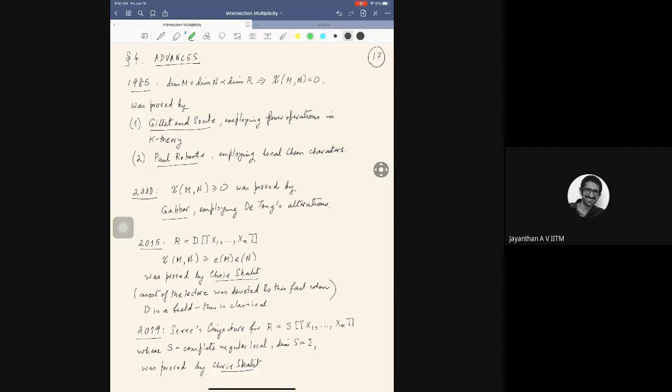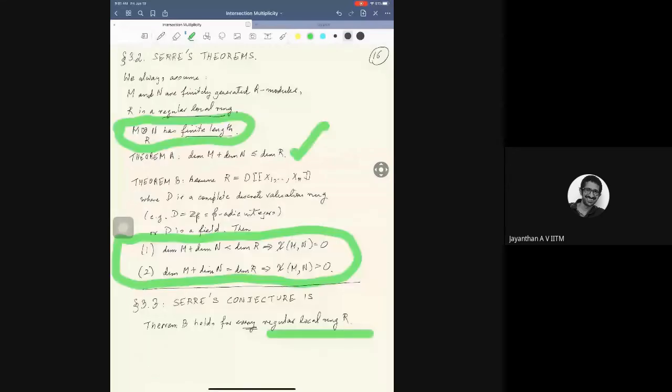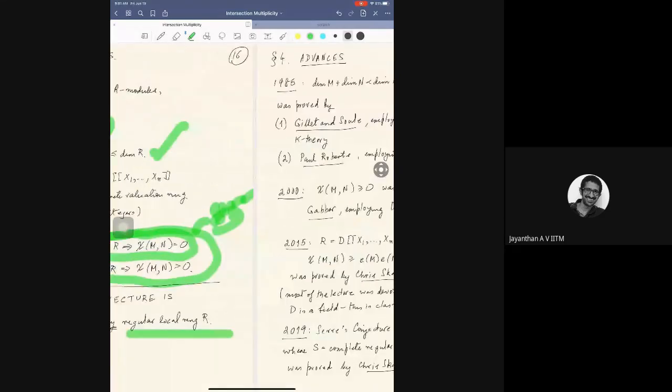The first advance was in 85, simultaneously, I think, by Gillet and Soulé, who proved the first part, that is this part here. This is the part that was proved in 85, by Gillet and Soulé, and also by Paul Roberts.